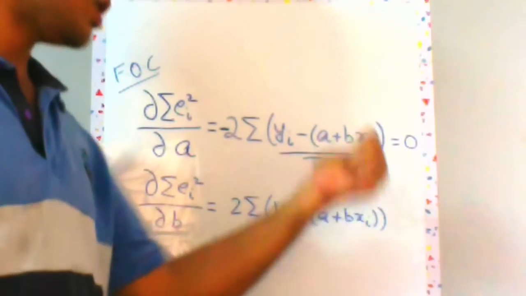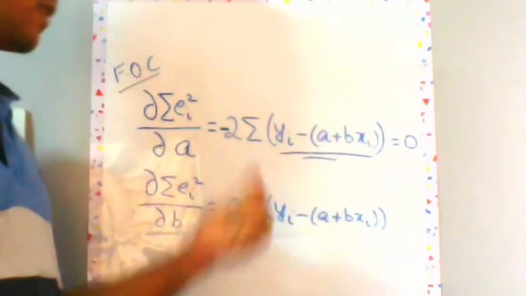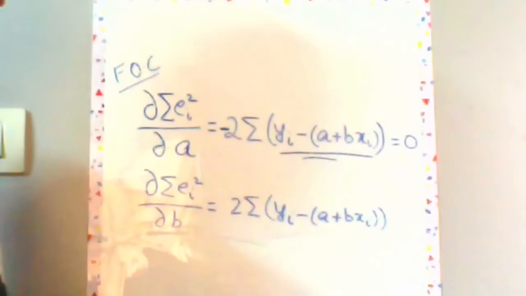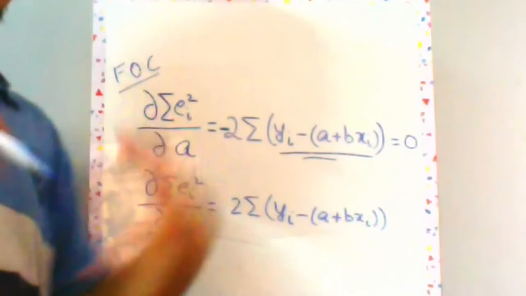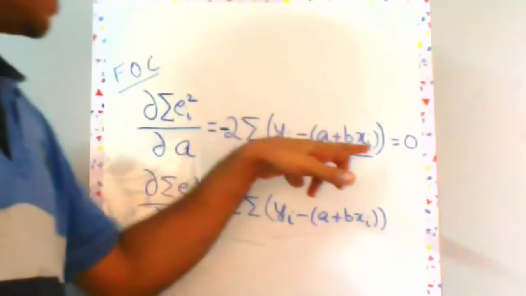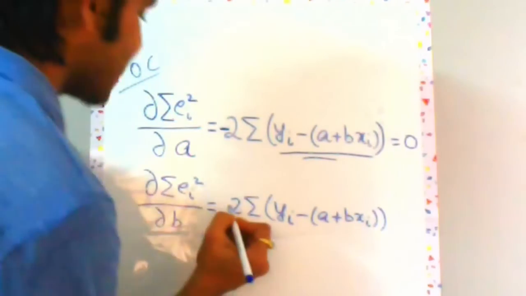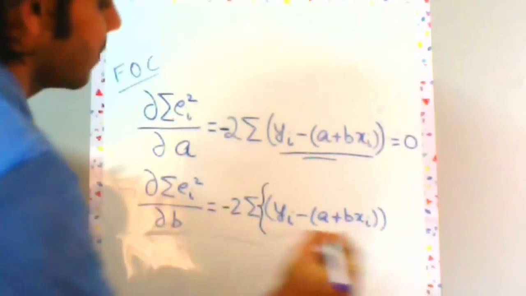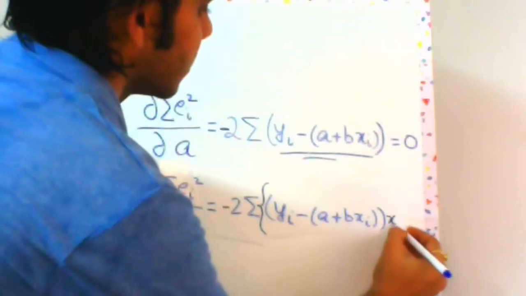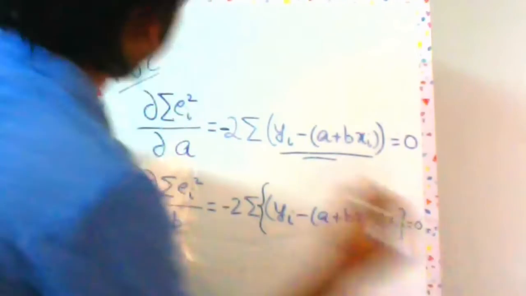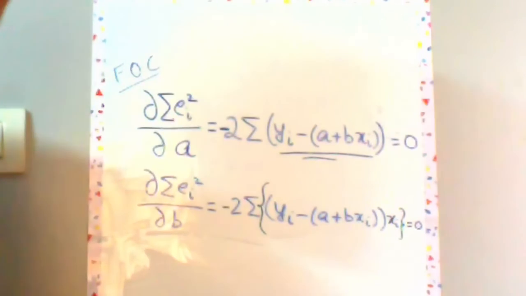B has a coefficient of xi, which means it will have x1 for the first point, x2 for the second point, and so on. So xi will be inside the summation, and also b has a negative sign similar to a, so you'll have a minus sign over here, and summation will also contain xi. This should be equal to 0, FOC, first order condition.